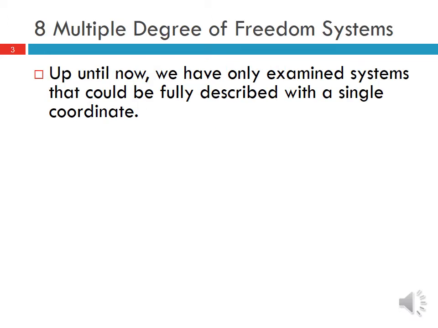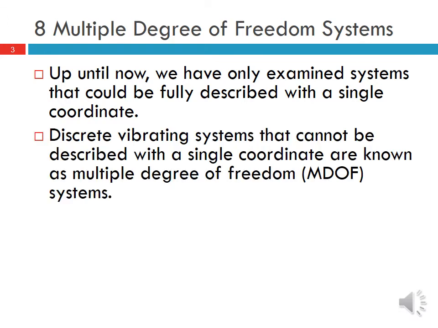So first, let's discuss this idea of multiple degree of freedom systems. Up until now, we have only examined systems that could be fully described with a single coordinate. But discrete vibrating systems that cannot be described with a single coordinate are known as multiple degree of freedom systems, or MDOF systems.